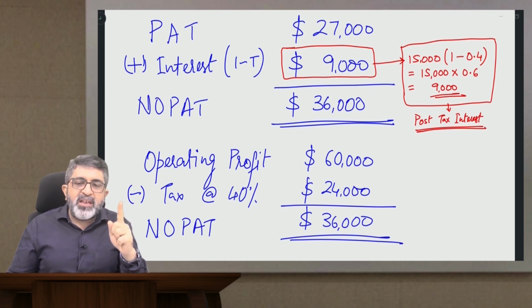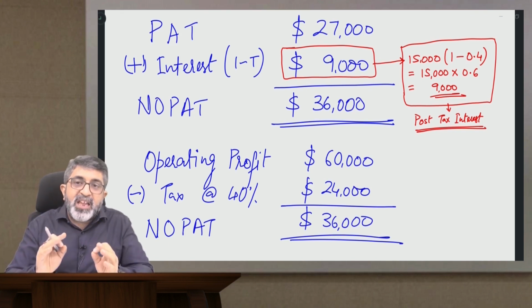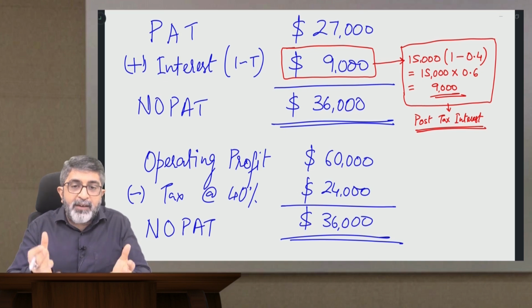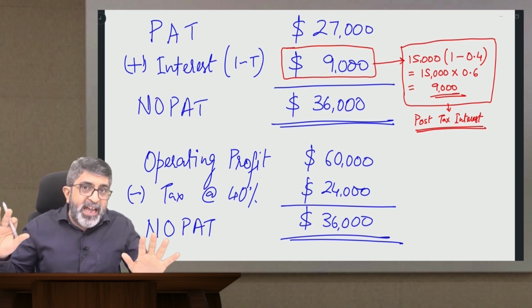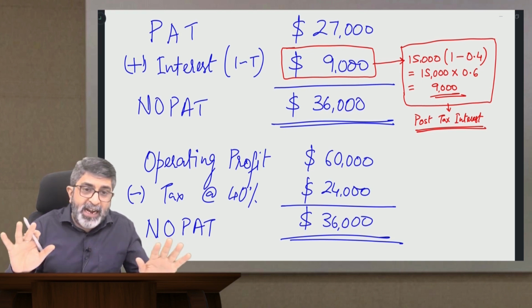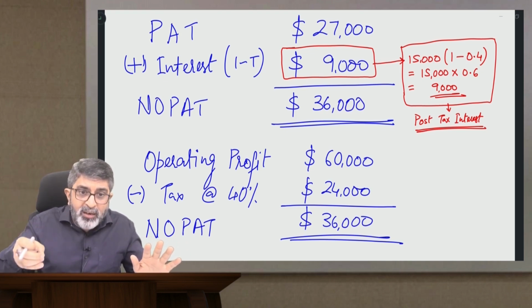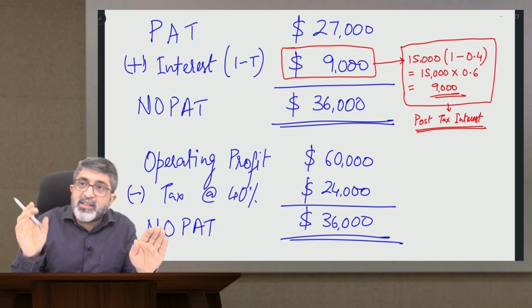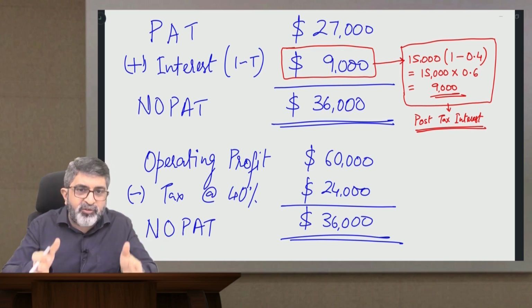The reason for making this computation is, we are saying, what if we have not borrowed any amount? We have no financial leverage, which means our capital does not include debt. There is no presence of debt in the capital structure.